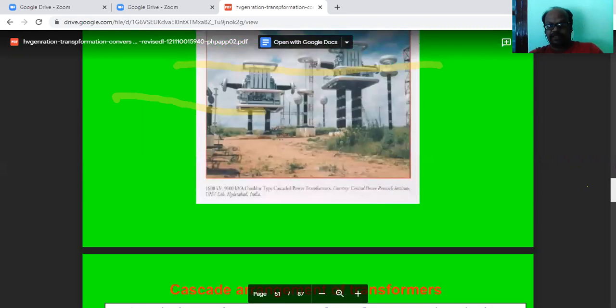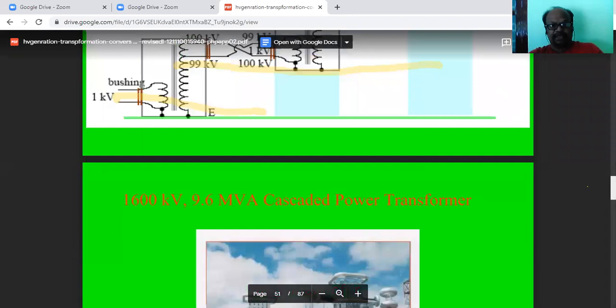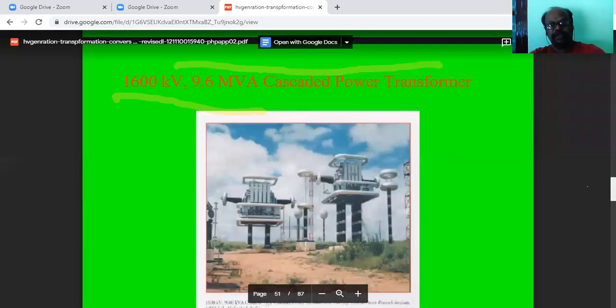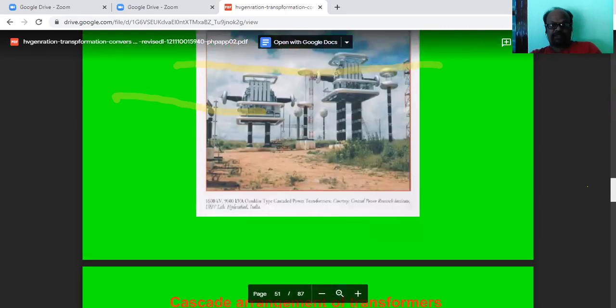This is an example of a cascaded transformer, how it looks. This one is for 1600 kV, 9.6 kV. But we will not use this huge size in a ship arrangement. On plains or in the countryside, for power transmission lines, these cascaded transformers are used to step up the voltage.